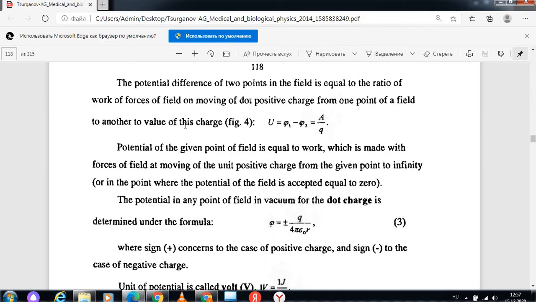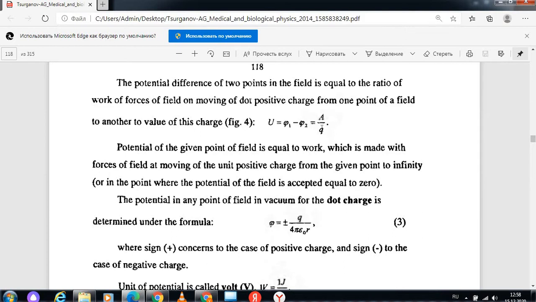So this difference of potential phi1 minus phi2 will be equal to this ratio of the work of the forces of the field on a moving positive charge from one point to another.